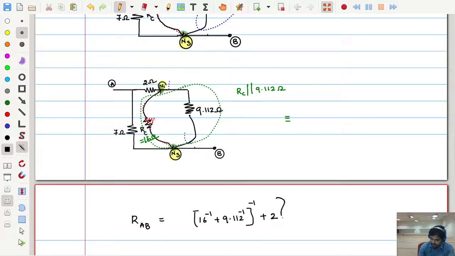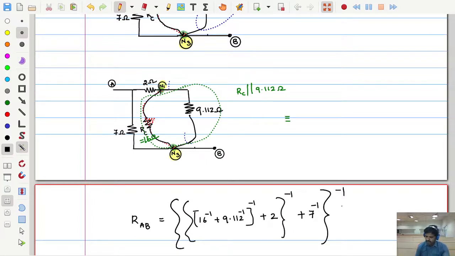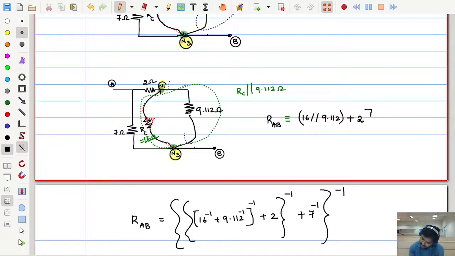This entire thing is in parallel with 7, so 7 inverse, whole inverse. If you execute this mathematical formulation, you will get the answer. If you want it in another form, I can write it this way: RAB is equal to 16 in parallel with 9.112, then it is in series with 2, then this entire thing is in parallel with 7.